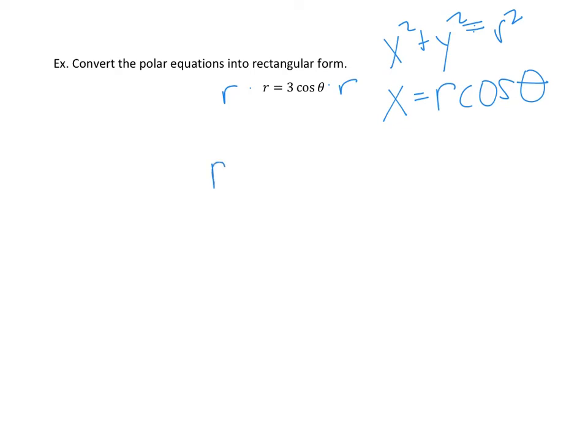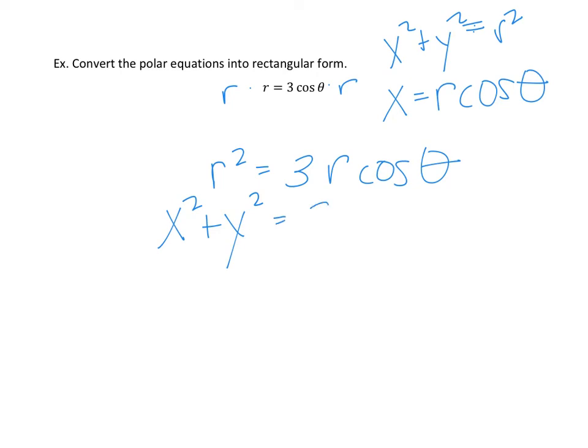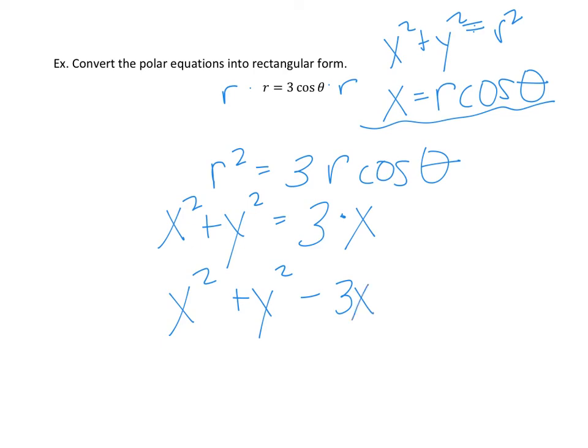So now I have r squared equals 3 times r times cosine theta. I know this is x squared plus y squared equals 3 times x if I make this substitution. So then I have x squared plus y squared minus 3x equals 0. You don't necessarily have to have it equal to 0, but some of your answers are probably going to be equal to 0 checking-wise.